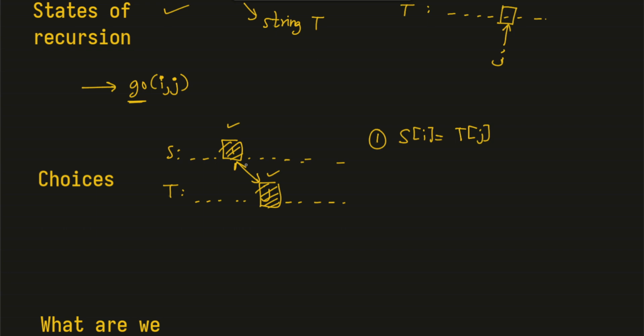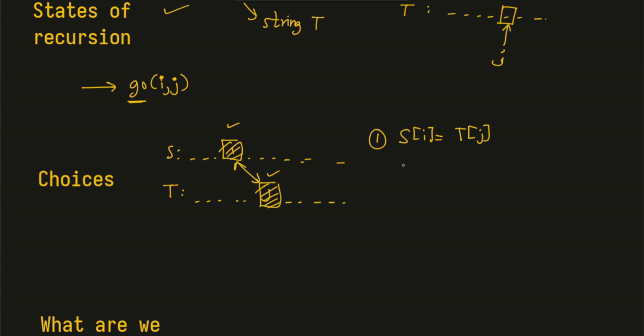We are choosing a pair of same characters, appending them to the subsequence, not exactly appending, but saying that these two are a part of the subsequence that we are constructing, and we will move on to the next index for the subsequence.